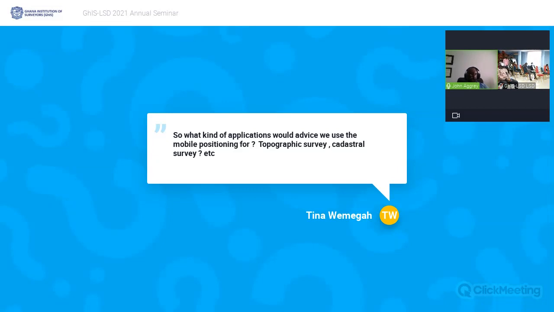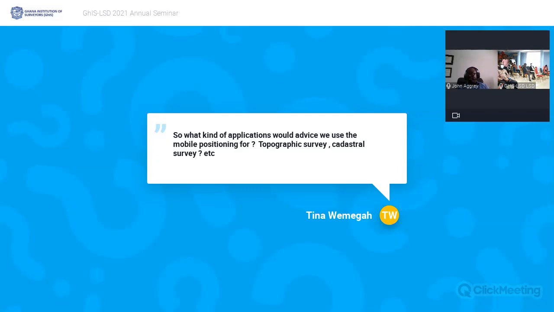But for smartphones, you can use it for topographic surveys if desired. The only issue is the time constraint. When using this kind of technology on your smartphone right now, you still have to stand there for at least 2 to, I would say, 15 minutes to get decimeter level accuracy.